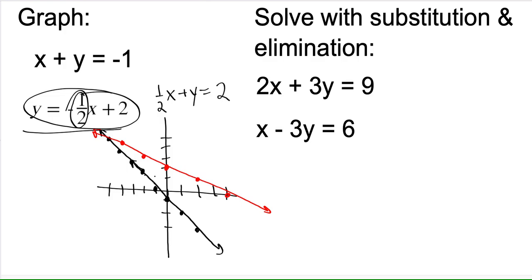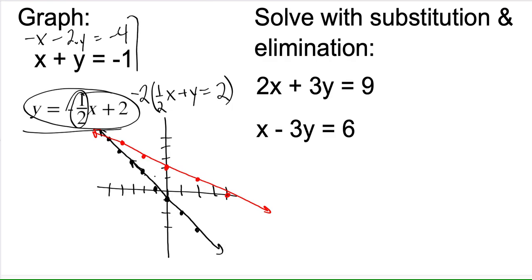Then we're going to multiply everything by 2 to get rid of the fractions. So we'll have x, and we'll multiply this by a negative 2. That way we cancel it out right away. So negative x minus 2y equals negative 4. And we multiplied everything by a half, that way we can get rid of the fractions.